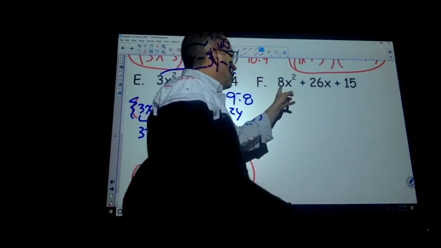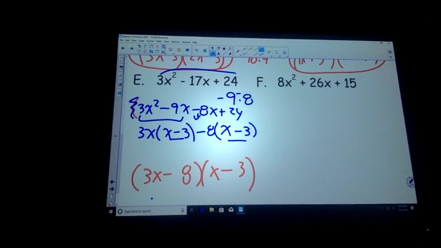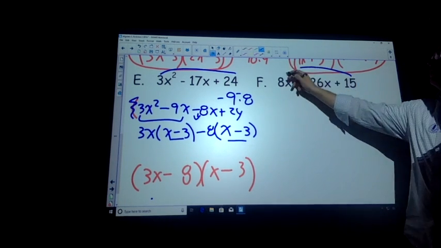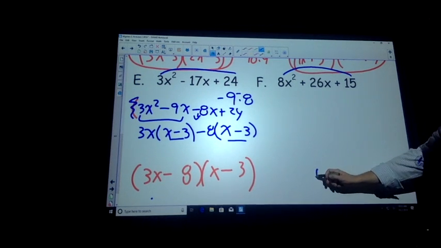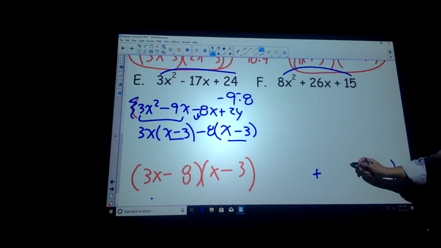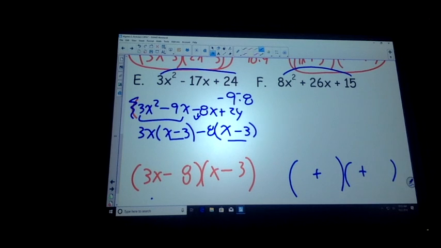Last problem, how would I get 8x squared? Is it 8x times x or is it 2x times 4? I don't know. This might be one where I would jump right to multiplying those together. What I know definitely right now is both terms are positive because everything's positive in there. And what's 8 times 15? 120. So the factors of 120 both being positive. You're not in Algebra 1, so you don't have to go 1 times 120 and 2 times 60.